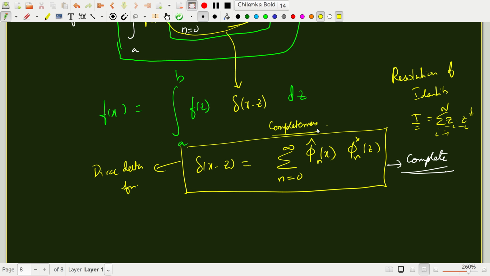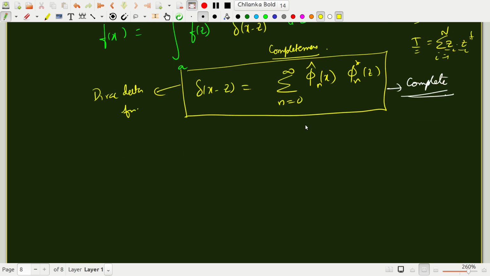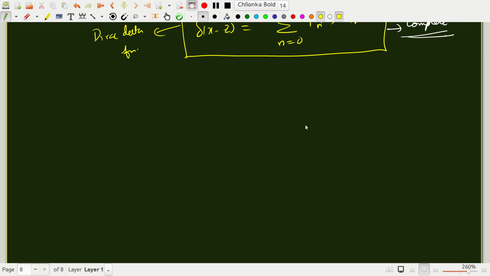How do you know that the set of eigenfunctions is complete, in the sense that you are guaranteed that any function can be expanded in terms of the eigenfunctions for the given domain and the given problem?